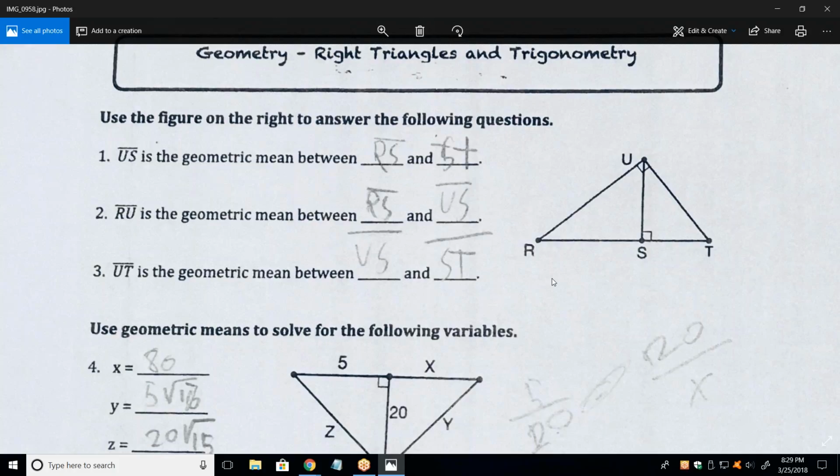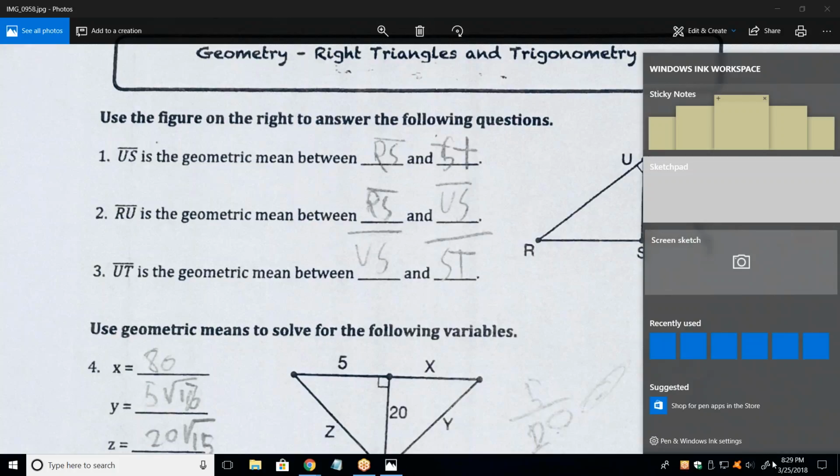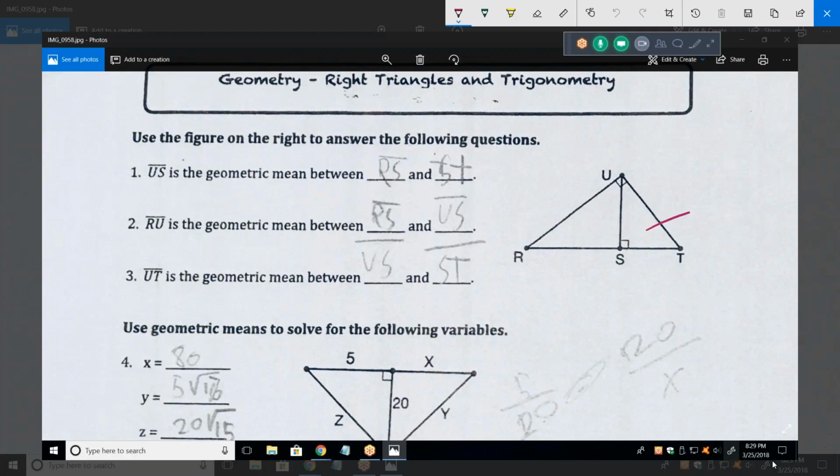But it turns out when you have a bunch of right triangles here, when this is a right triangle, and that is a right triangle, and that is a right triangle, then one of those sides, that one, is the geometric mean. Just happens that that's the case. That really is almost accidental. It's just something you need to memorize.